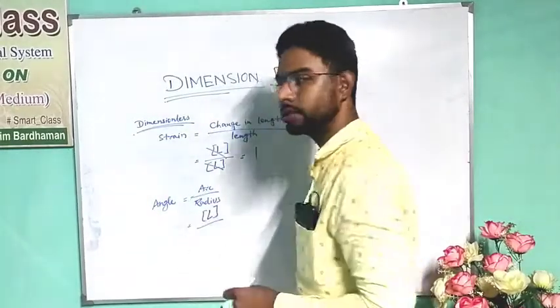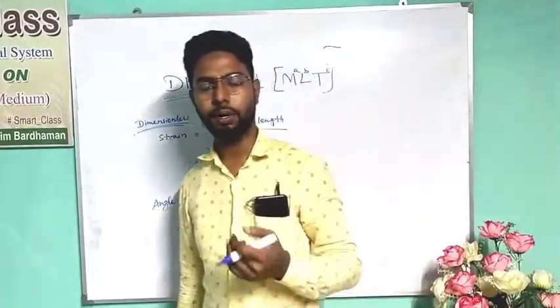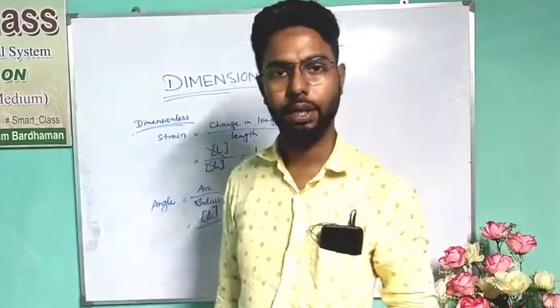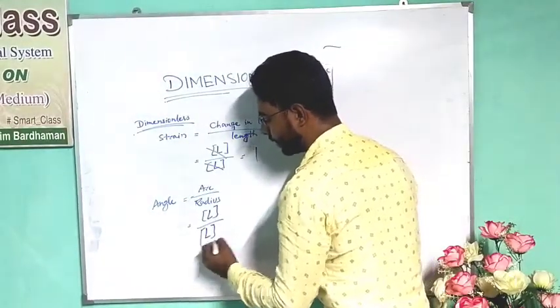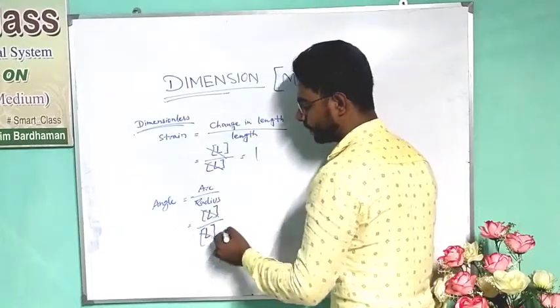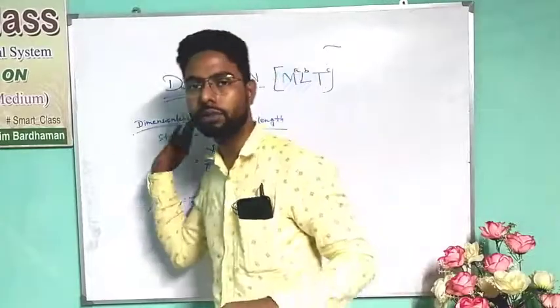Similarly, radius is also a length. We can measure them in meter, centimeter, kilometer. We write L for the arc and L for the radius. Cut them, we get 1. Angle is also a dimensionless quantity.